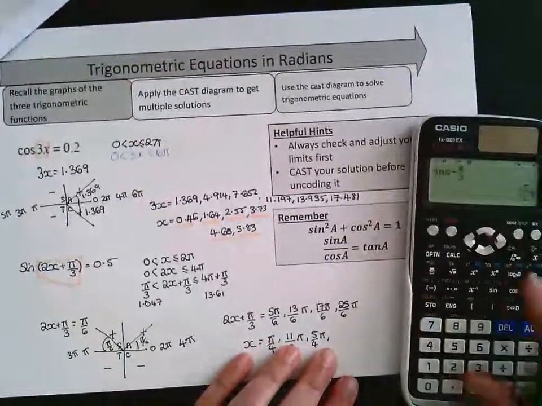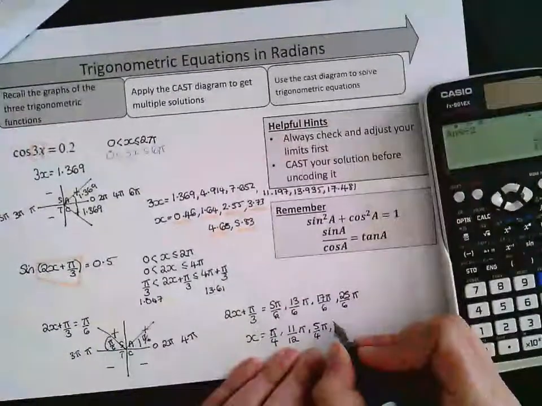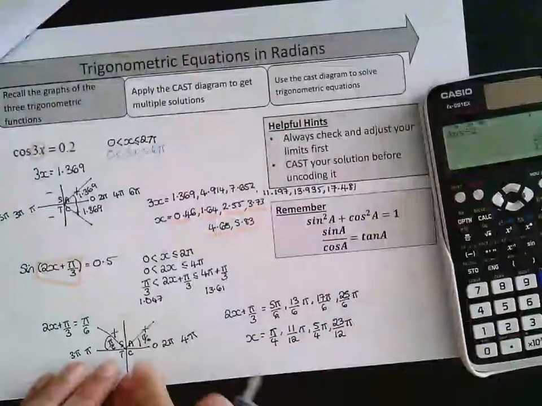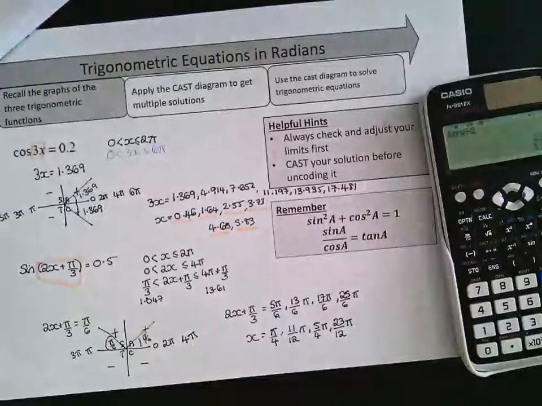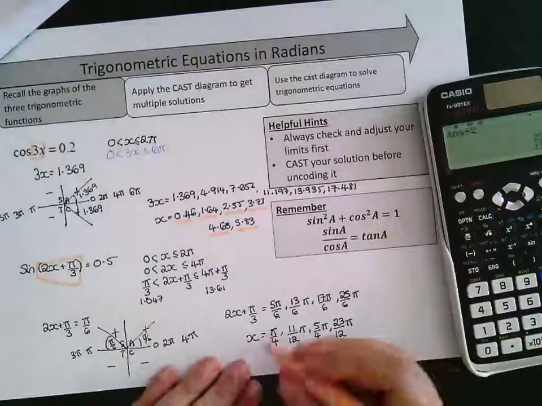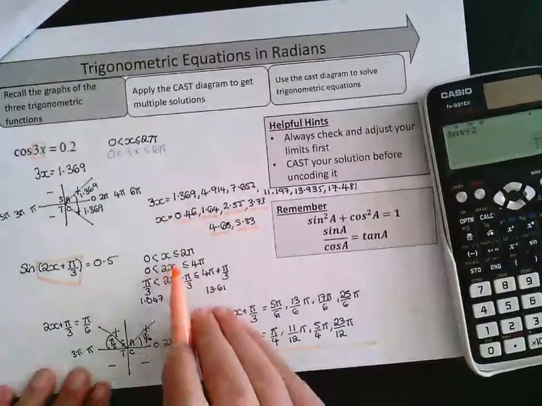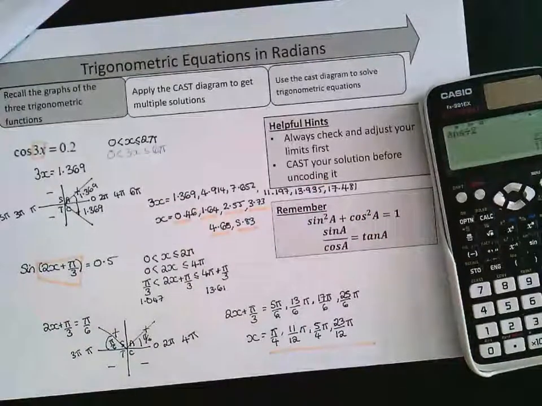So I will take off pi by 3 and divide by 2. Now, because I'm now going even further, I will go above this limit. So these are my 4 solutions. So remember, at the beginning, adjust your limits and only uncode at the very end. Thank you very much for listening.